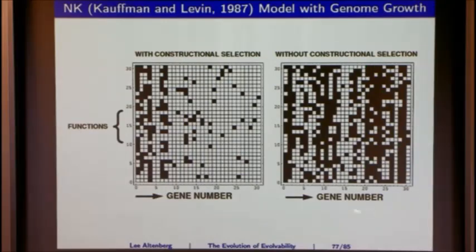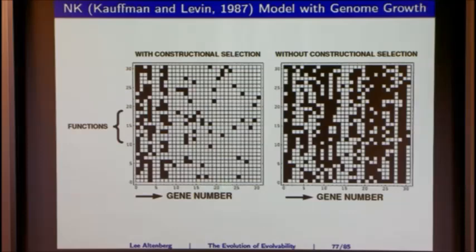But here's the genome that you get when you only keep the gene if it produces a fitness advantage. And what you see as adaptation, as the genome size increases and you add more and more genes, it filters it to have effect on fewer and fewer of these functions.